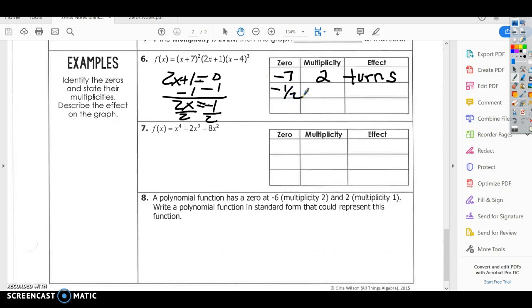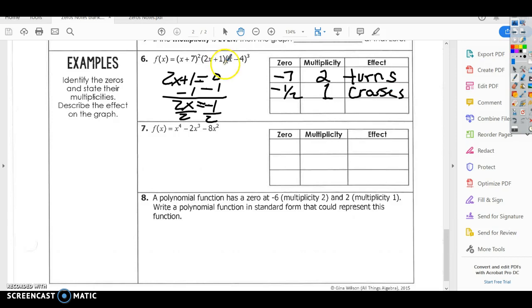That's your 0. That's where it crosses the x-axis. That's your x-intercept, also known as your 0. The multiplicity is how many times it occurs. If you look up here, there's no exponent. If there's no exponent, it's assumed to be a 1. 1 is odd, so the effect is it crosses the graph.